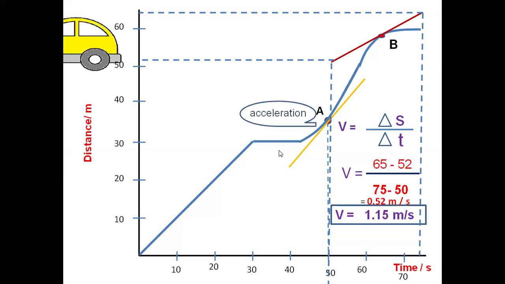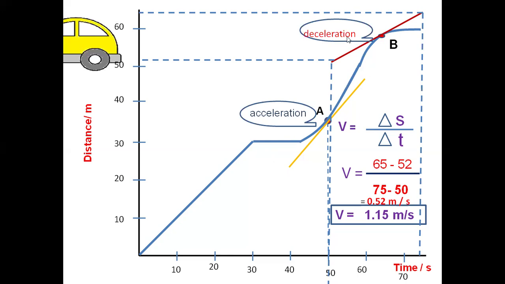So what can we say about this? The car was accelerating because in the very first journey, 30 meters in 30 seconds, the speed was 1 meter per second. Now here the speed is 1.15 meter per second. It means the speed has increased. So this part, the curve with increasing gradient, shows acceleration. And the curve with decreasing gradient shows deceleration.